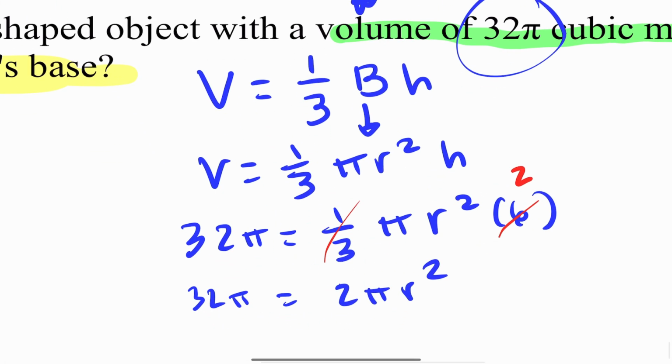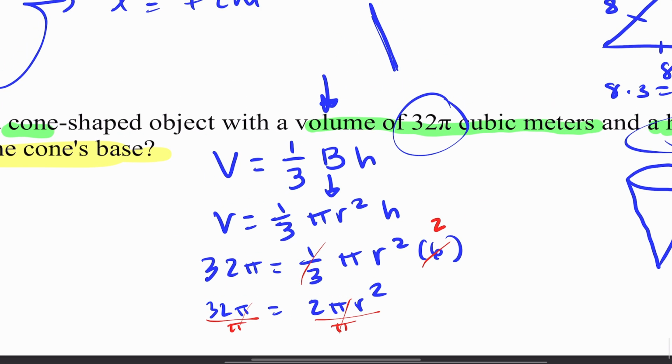And then looking at my work here, I have 32 pi equals 2 pi r squared. I think we can all agree that the pi's will cancel. So I have 32 equals 2r squared. And then I want to get r squared by itself. So let's divide both sides by 2 here.